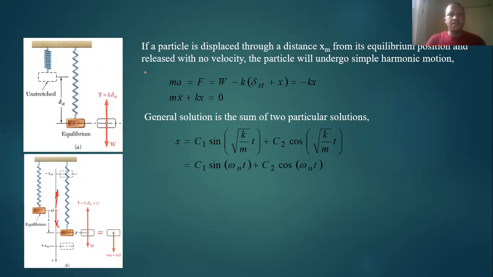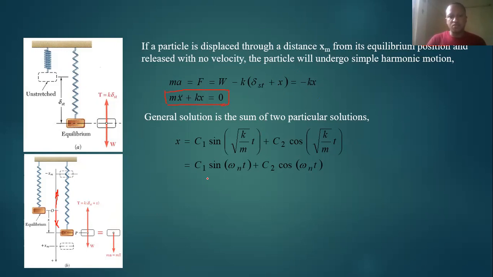So here, mass times acceleration is equal to F, which is equal to weight minus k(delta st plus x), which is minus kx. Then finally, from this equation, by rearranging it, we can get this equation. Still, this is a second order homogeneous equation of motion.